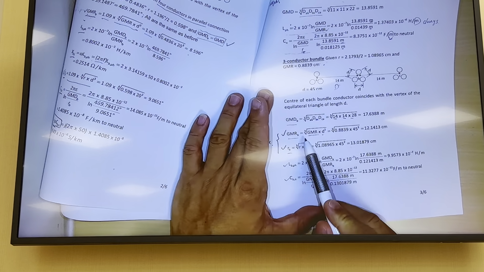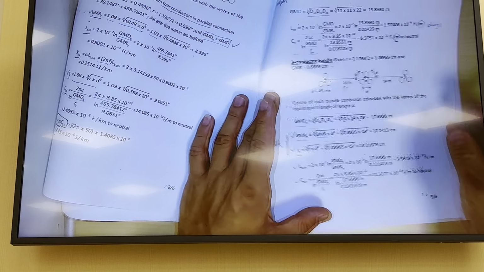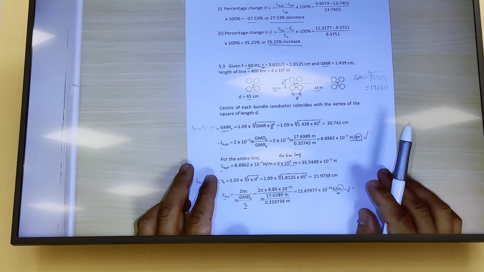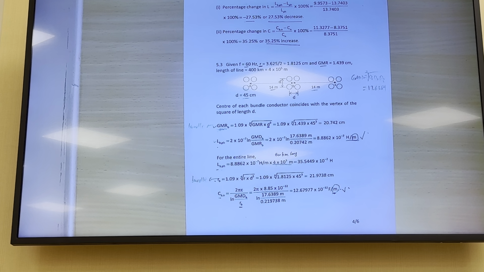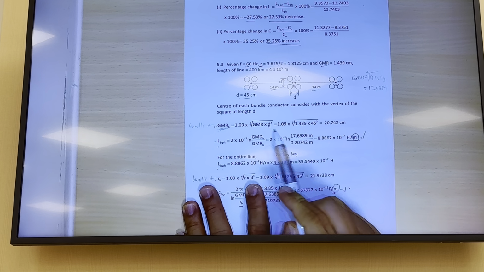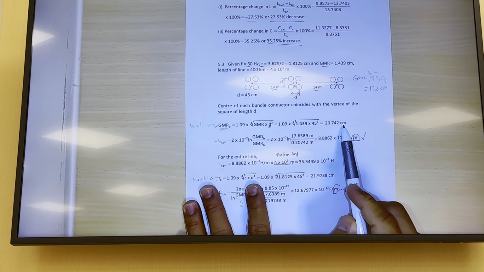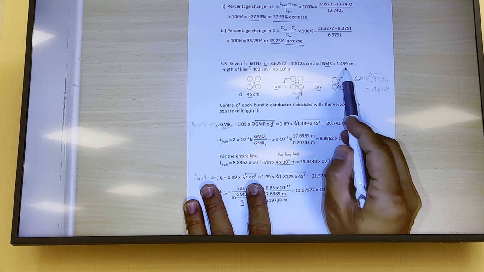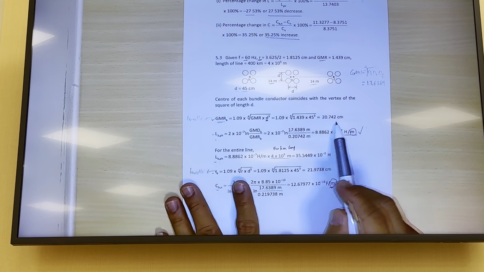We are trying to compare these 3 strands and the 4 strands. Then you calculate the new GMR bundle value. It is in centimeters because the original radius and the GMR are in centimeters, so this value will be in centimeters.